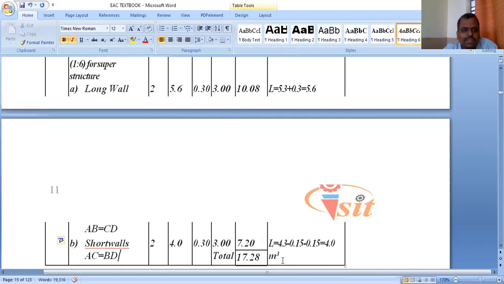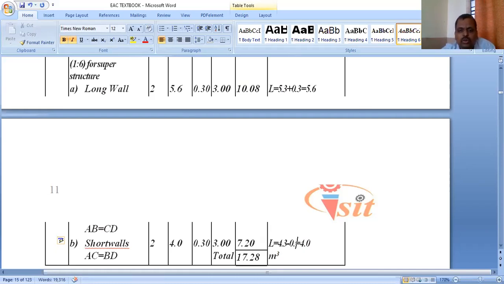We have already calculated the center to center distance of the short wall: 0.3 by 2 plus 4 plus 0.3 by 2. It comes to be 4.3 meter.